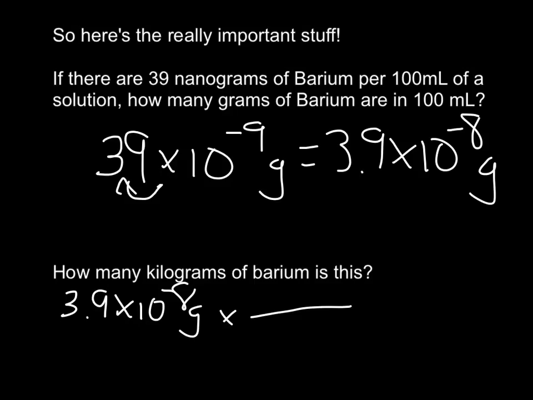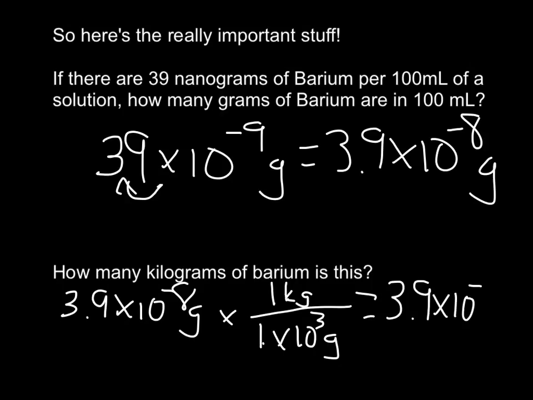So that's 1 kilogram, and that is 1 times 10 to the third grams, because that's 1,000. So 1,000 in scientific notation is 1 times 10 to the third. If I do that, basically what I'm doing is subtracting my exponents. So I got negative 8, take away 3. I end up with 3.9 times 10 to the negative 11th kilograms.